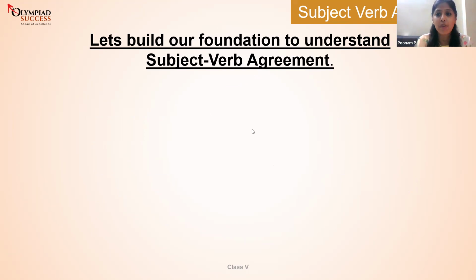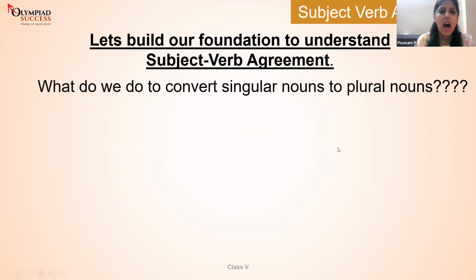Now, let's build our foundation to understand subject verb agreement. All of us know what nouns are. They are the names of people, animals, things. It could be concepts. All of us know that we have singular and plural nouns.